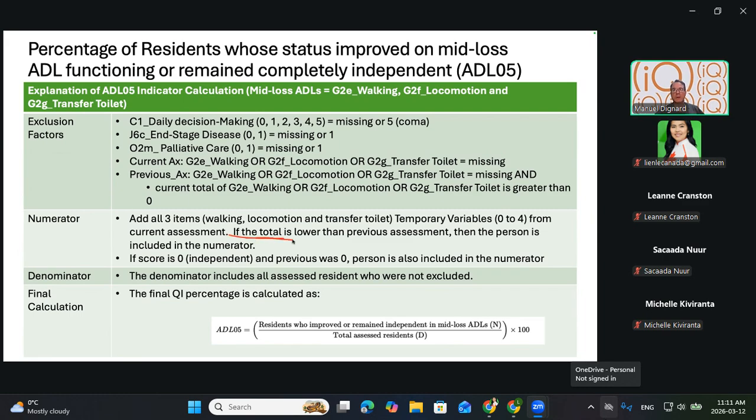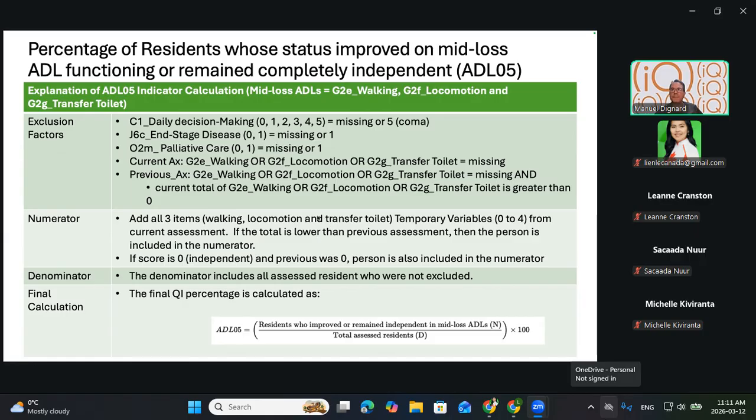If the total is lower than the previous assessment, then the person is included because they improved. Now, when we're looking at these numbers, we're looking 0 to 12 here. These are, again, a disability scale.